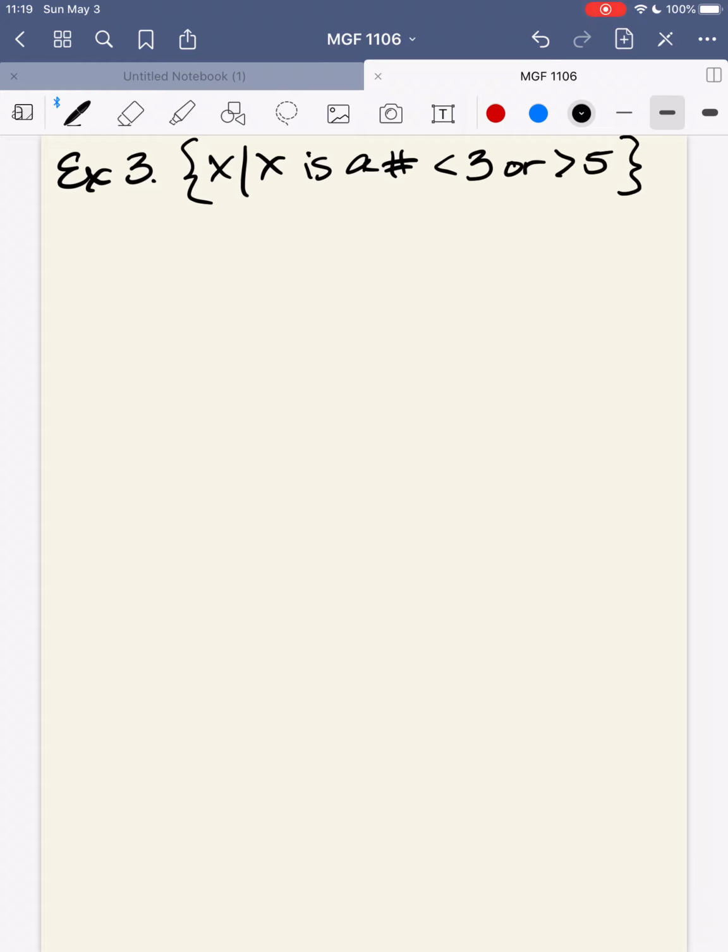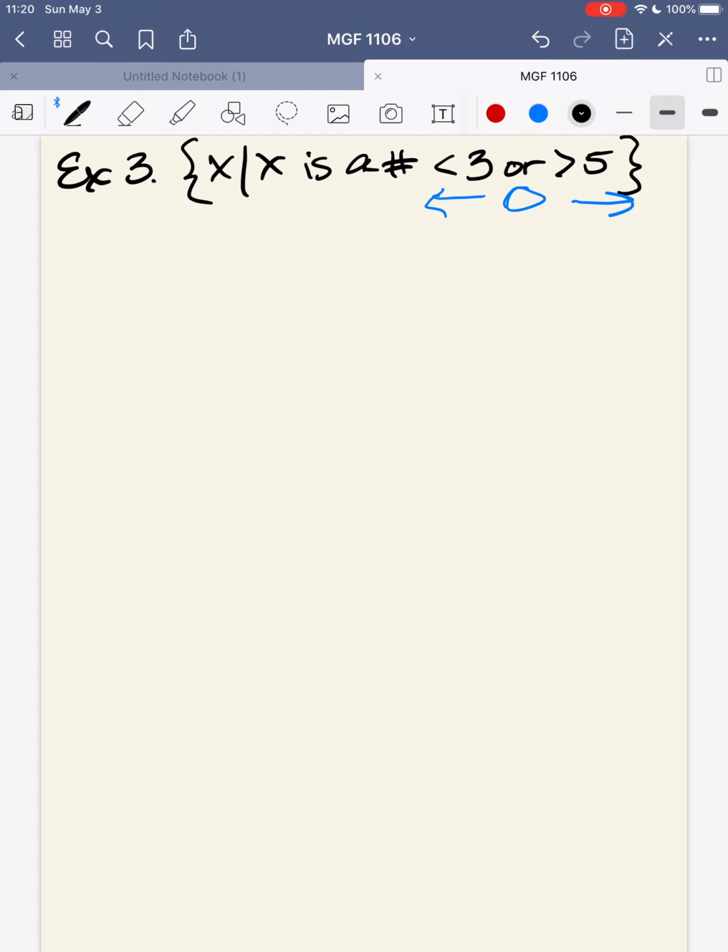It's written out in words; I'm writing it out in symbols. Is this an empty set? Well, no, because there are a lot of numbers less than 3 and a lot of numbers greater than 5. I can include all the numbers less than 3, I can't include the ones in between, but I can include all the numbers greater than 5. This is not an empty set.